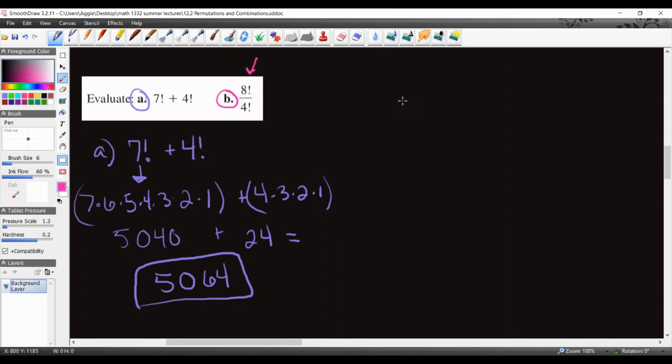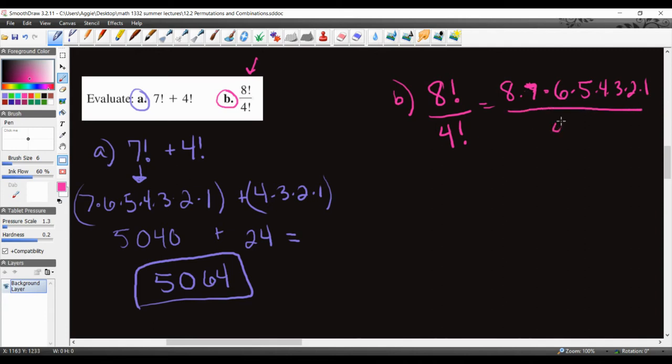Letter B is a little bit more work, but it works out nicely. 8 factorial divided by 4 factorial. When you have a division, this would be 8 times 7 times 6 times 5 times 4 times 3 times 2 times 1 over 4 times 3 times 2 times 1.